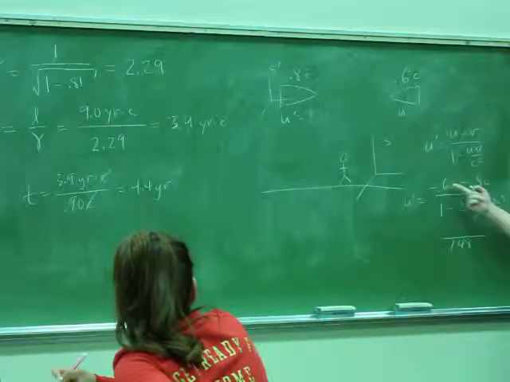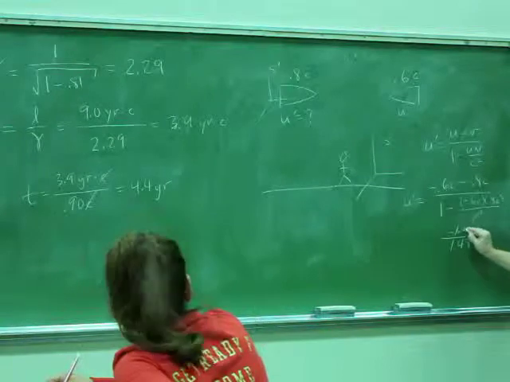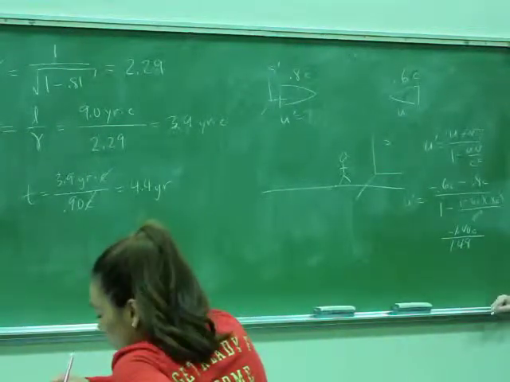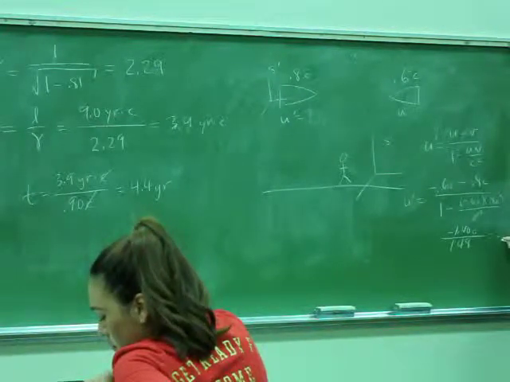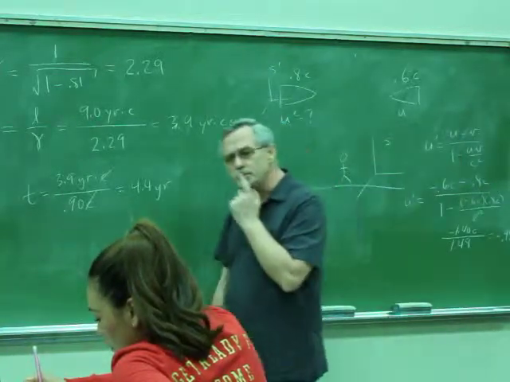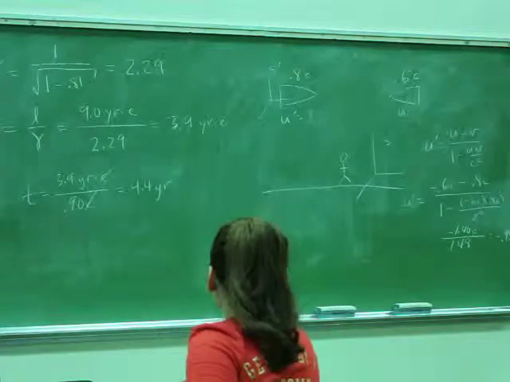On the top, I have negative 0.6 and negative 0.8 for a negative 1.4 on the top, which equals negative 0.95 C, more or less. So the question then comes, does that answer make sense?